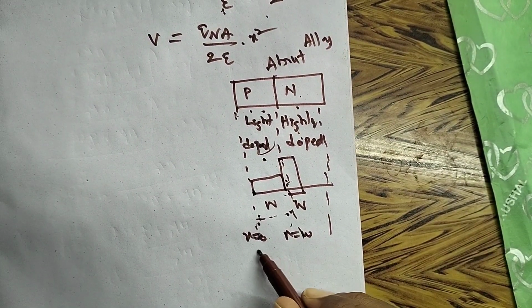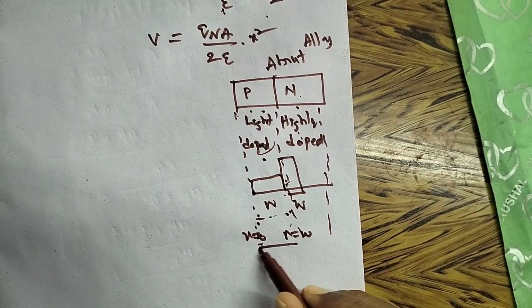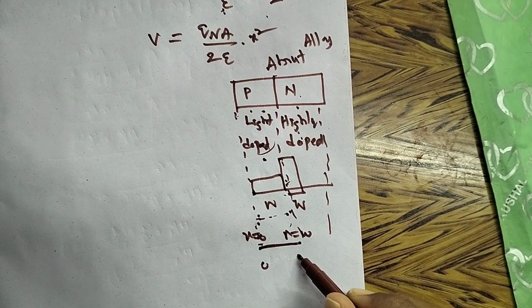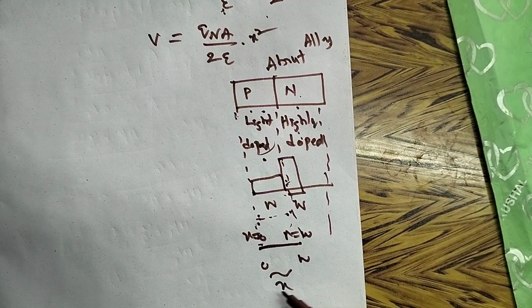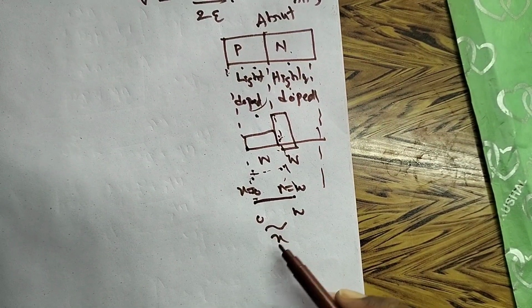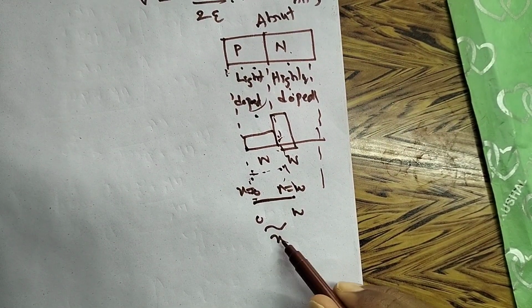So I am going to consider this total distance from here to here, that is x. X is measured with respect to the junction.